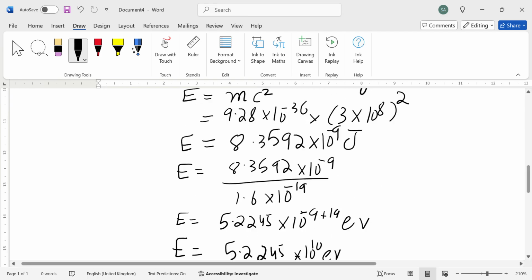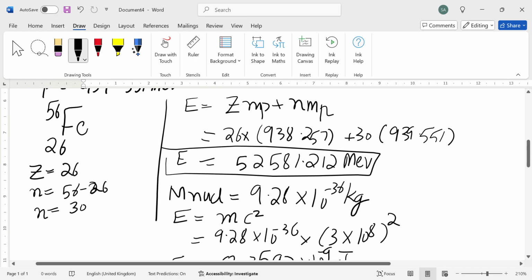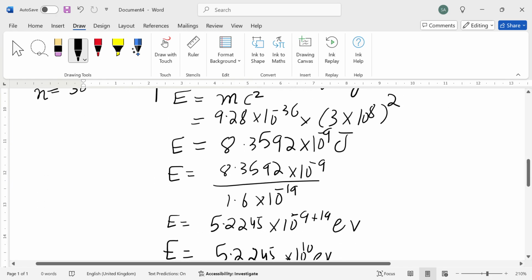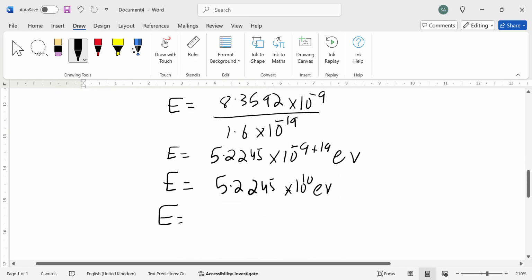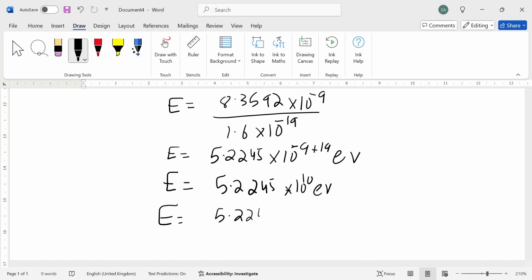Now the energy that we calculated for the protons and neutrons that constitute an iron nucleus is in mega electron volts. So convert this one into mega electron volts. How would we do that? This is very easy. Mega equals 10 to the power 6. Let's just separate the power into two parts, 10 to the power 4 and 10 to the power 6.